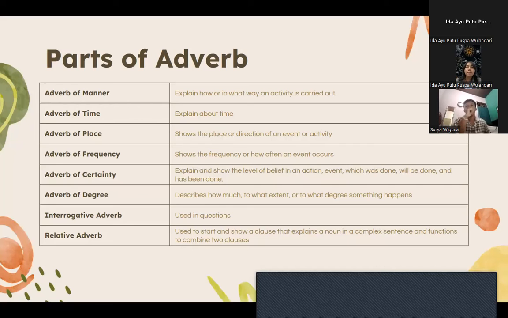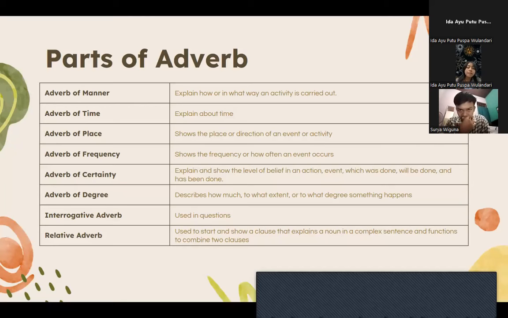And next is adverb of place, showing the place or direction of an event or activity. And next is adverb of frequency, showing the frequency or how often the event occurs. And next is adverb of certainty, that shows the level of belief in an action or event which was done, which will be done, and also has been done.